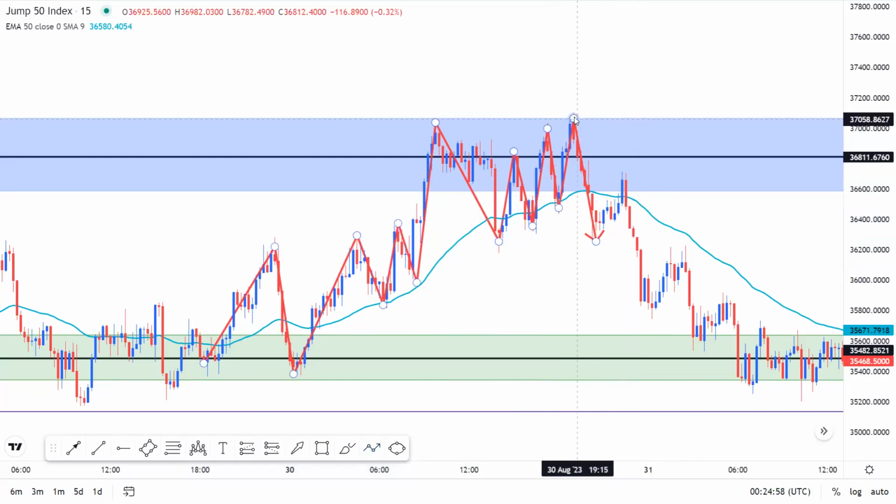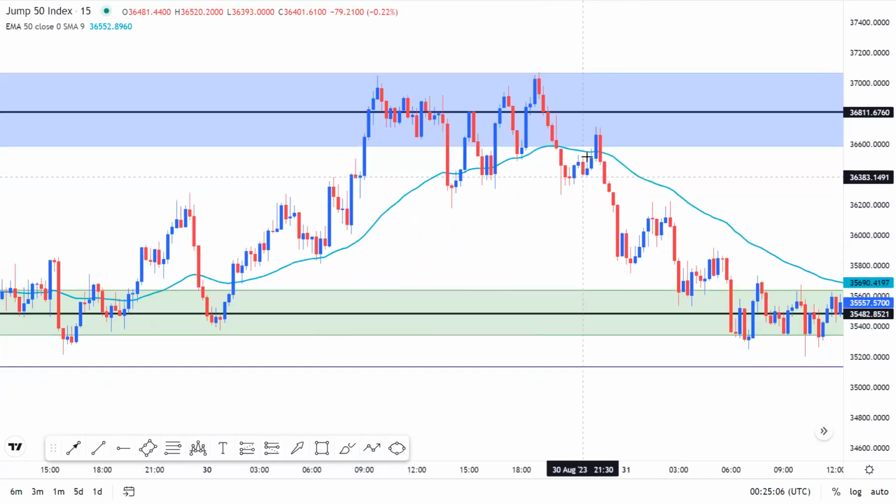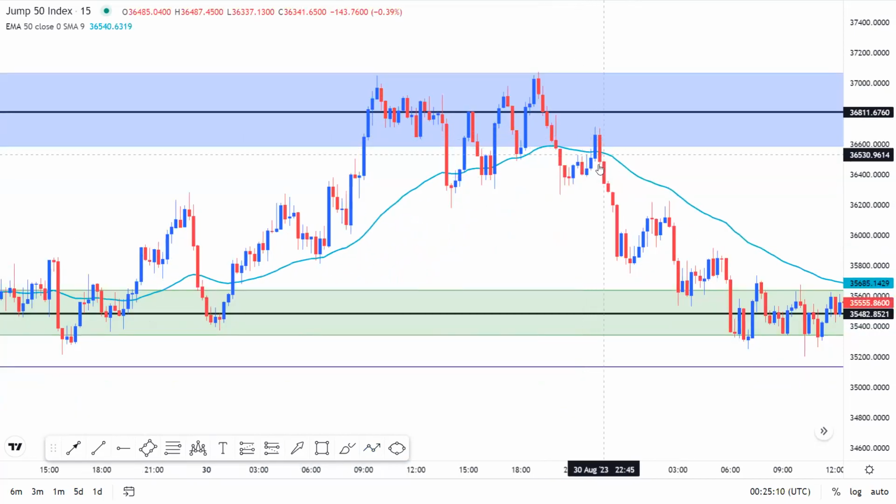And then I add my entry signal for shorts at the retest of the exponential moving average, where we are seeing the bearish momentum candlestick, this bearish engulfing candlestick that closed right below the exponential moving average.